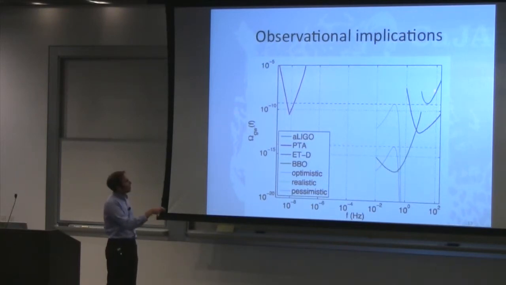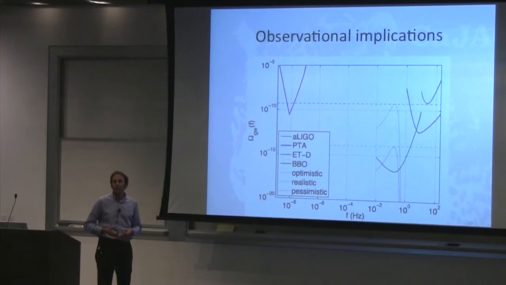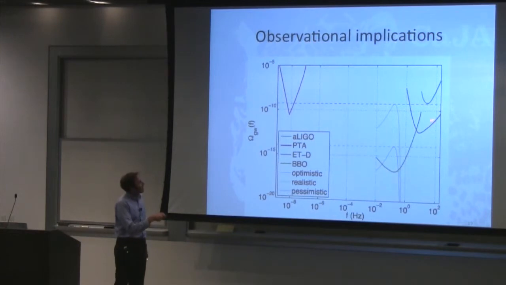This is Advanced LIGO over here, which is just not quite getting to the optimistic scenario. This is a hypothetical pulsar timing array, which is designed to be ambitious but feasible for the near future. And this is Einstein telescope, and this is the Big Bang observer.